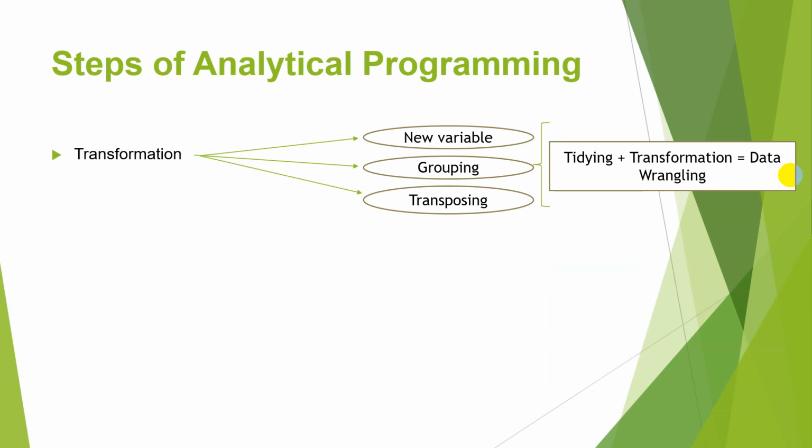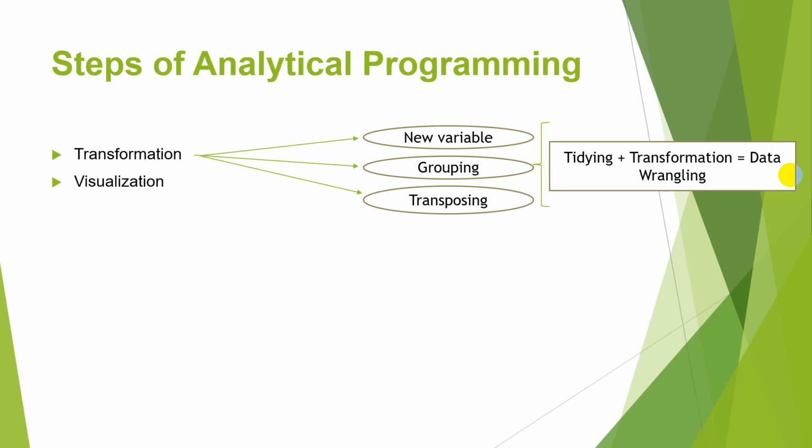Okay. Now, good. So we have covered the tidying process and the data transformation process. Those two things combined together, in the latest data science era, are called data wrangling. So what does data wrangling mean? Data wrangling is nothing but the processing of data.